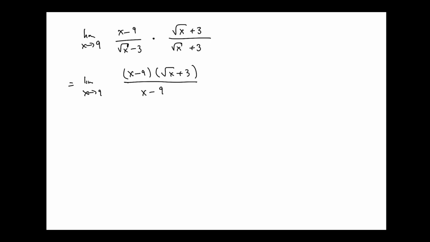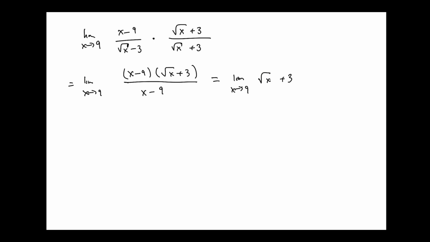Well, isn't that perfect? Because what obviously then happens? Yeah, the x minus 9s cancel. And so we're just taking the limit of, sorry, my handwriting's a little messy this morning, root x plus 3.